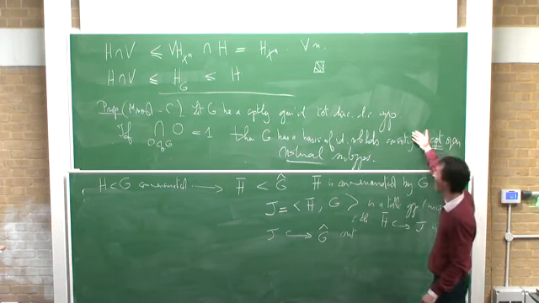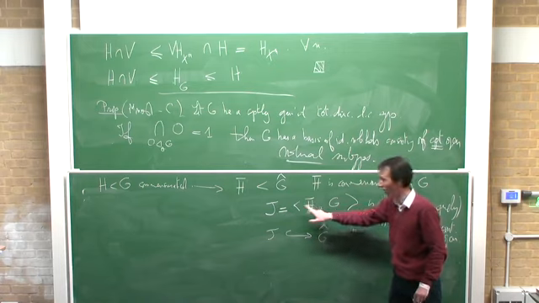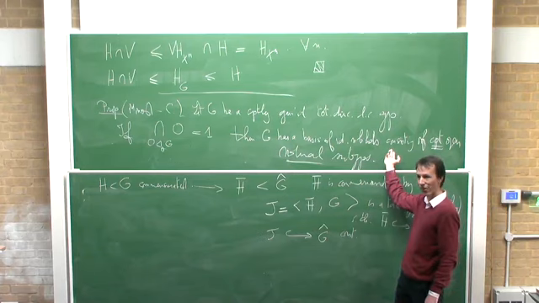And the proposition says every identity neighborhood, for example H bar in J, contains a normal identity neighborhood. Okay?